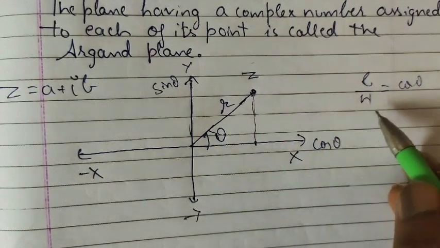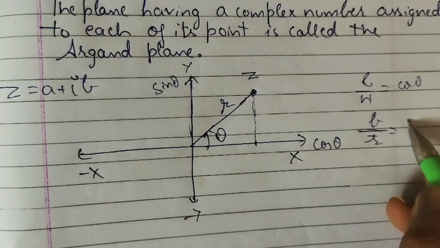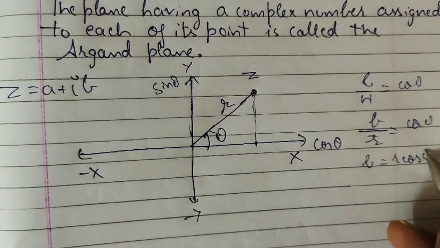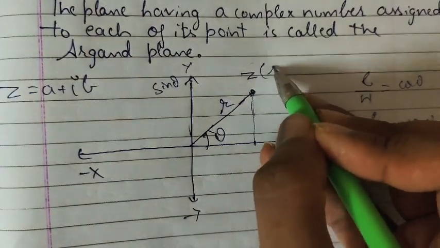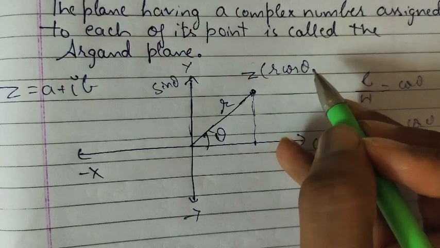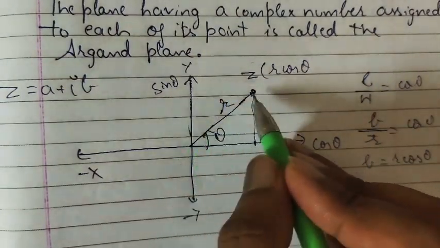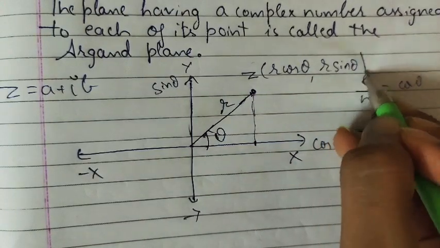The hypotenuse is r, so base upon r is cos theta, so base is equal to r cos theta. So the x coordinate of this will be r cos theta, and similarly, using trigonometry, the y coordinate, the perpendicular, will be r sin theta.